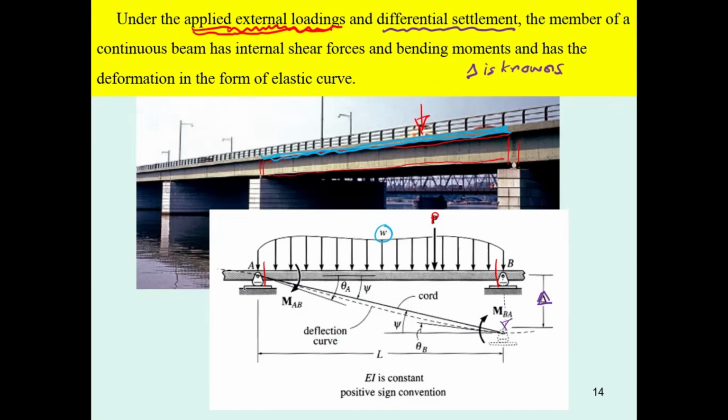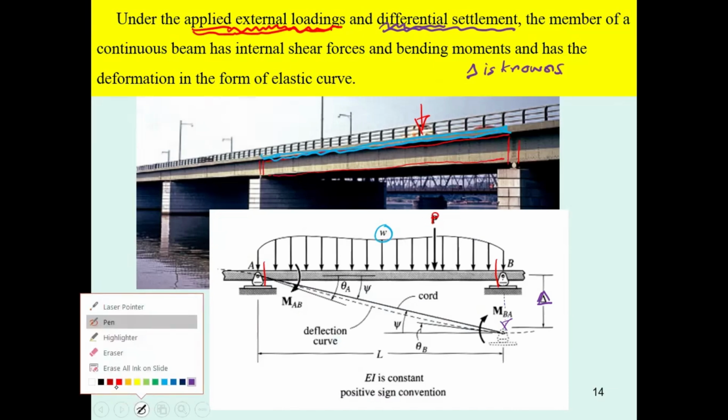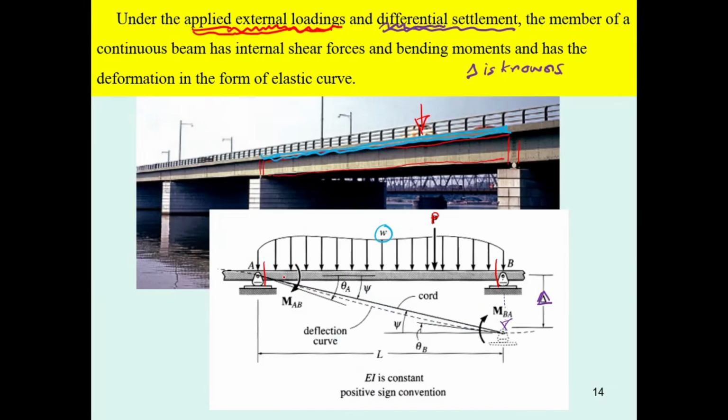Now, the structure under application of the forces P and W is going to produce end moments. This one is M sub AB, and this one is M sub BA.